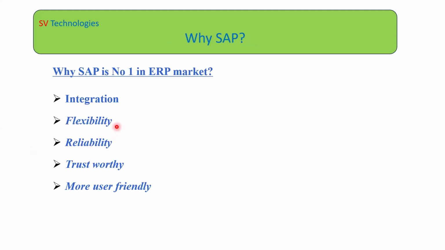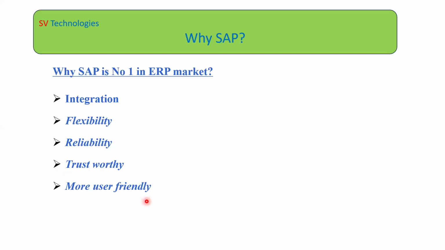Okay. The second factor is flexibility. This SAP system is more flexible, reliable, trustworthy, and more user friendly. When any business user is working on the SAP system, it is more user friendly. This is most important in any organization.